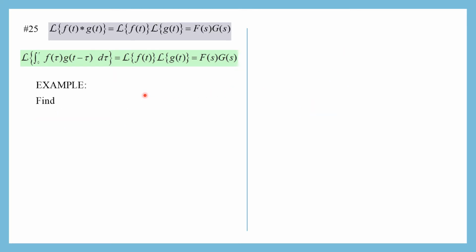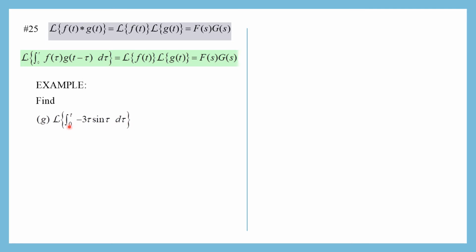Question part G. What is the Laplace transform of the integral from 0 to t of negative 3 tau sin tau d tau? Notice that this whole function is expressed in terms of tau, so we can regard it as the function f of tau. And there is no function expressed in terms of t minus tau, therefore we say that g of t minus tau is just the constant 1.